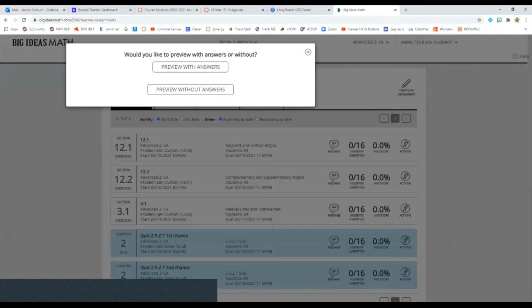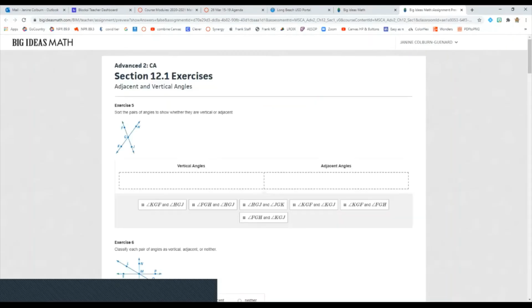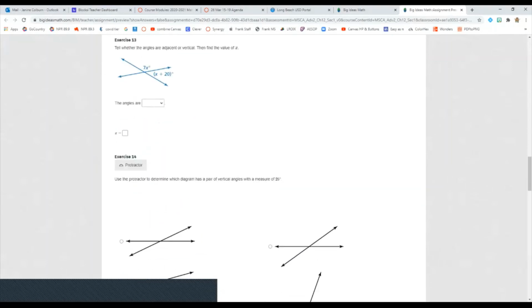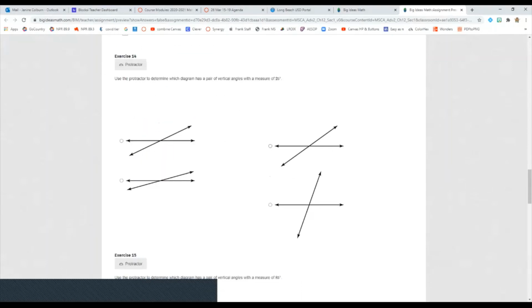Let's preview this assignment without answers. Okay, when we get down here, use the protractor to determine which diagram has a pair of vertical angles with a measure of 25 degrees.